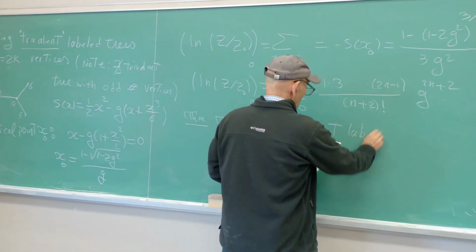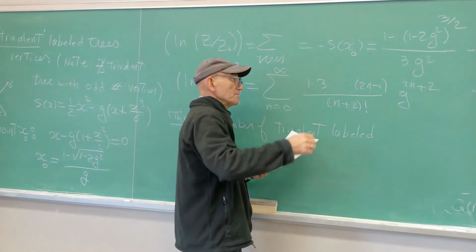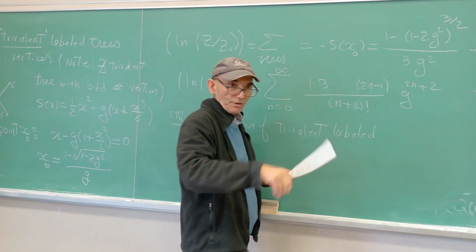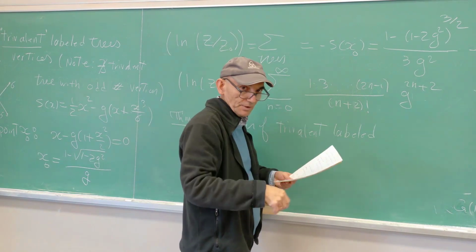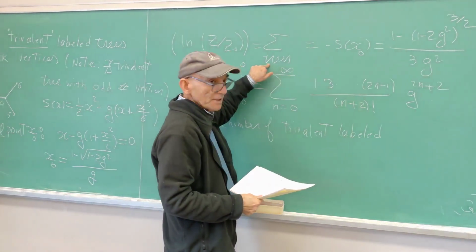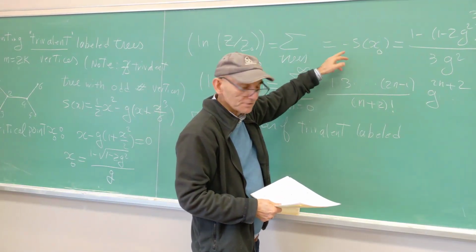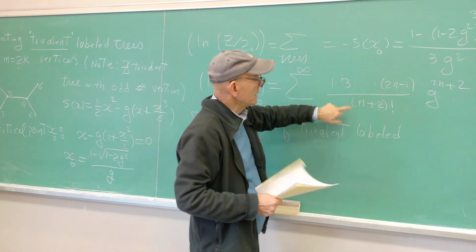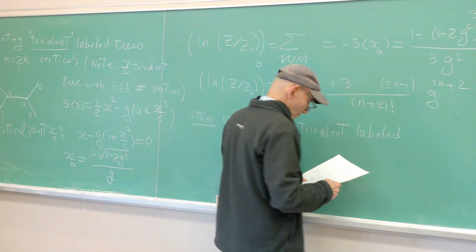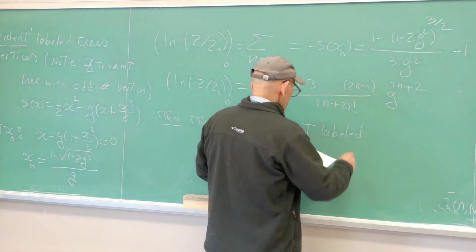That's important because there is this 2k factorial divided by the order of automorphism that creates all possible labelings on unlabeled trees. Because this is a sum over unlabeled trees, but the combinatorial coefficient, the symmetry factors, as in the case of Khalkhali, gives us the formula for labeled trees.